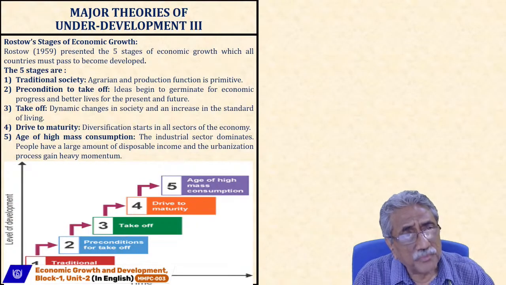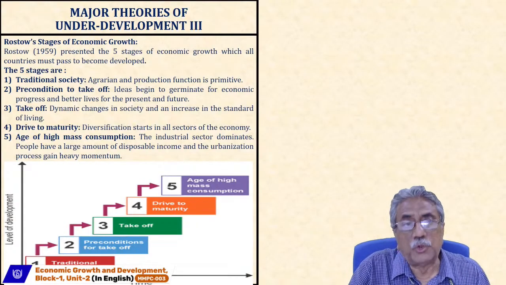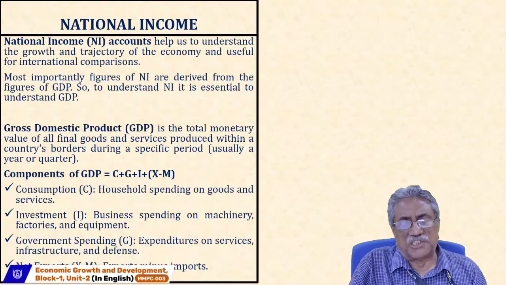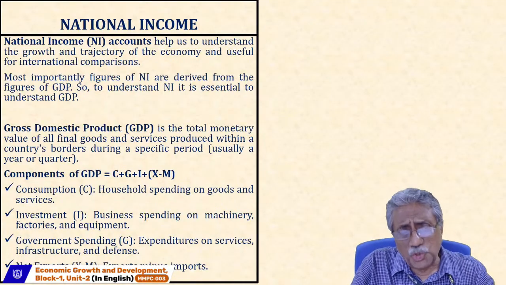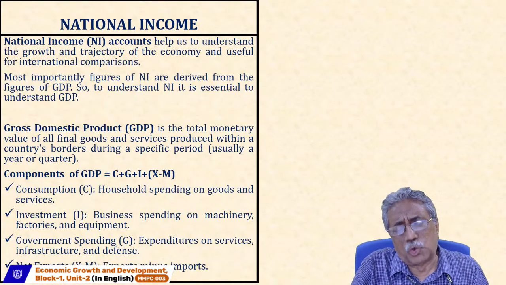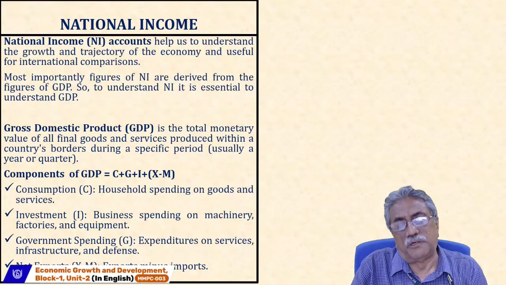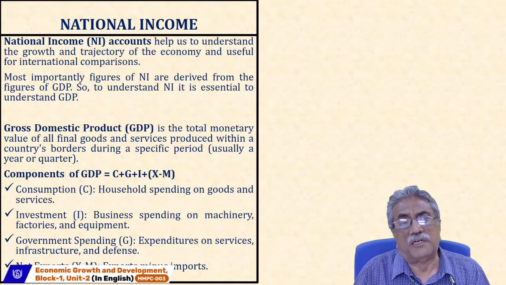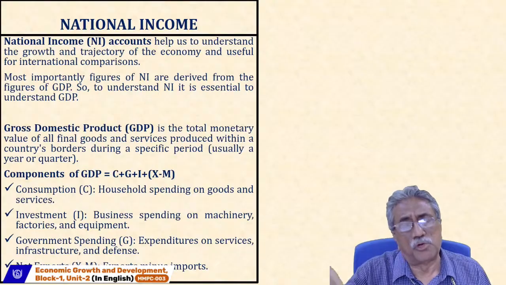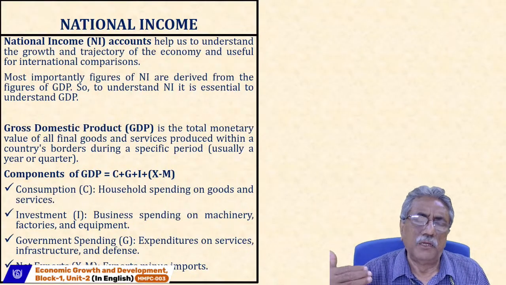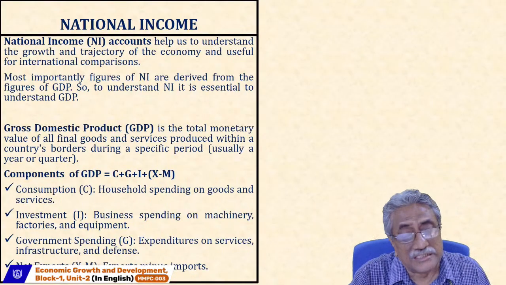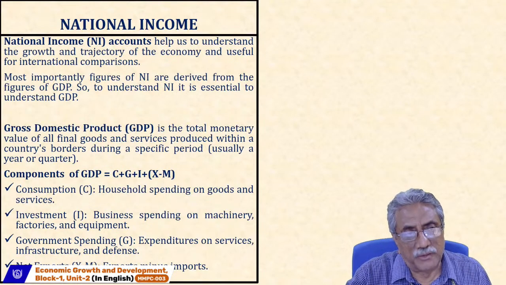Having covered this, let me come to national income. So far, we have studied growth, underdeveloped, developing and developed, the reasons of underdevelopment, and how one moves from underdevelopment to developing, like India is now, to a developed country.